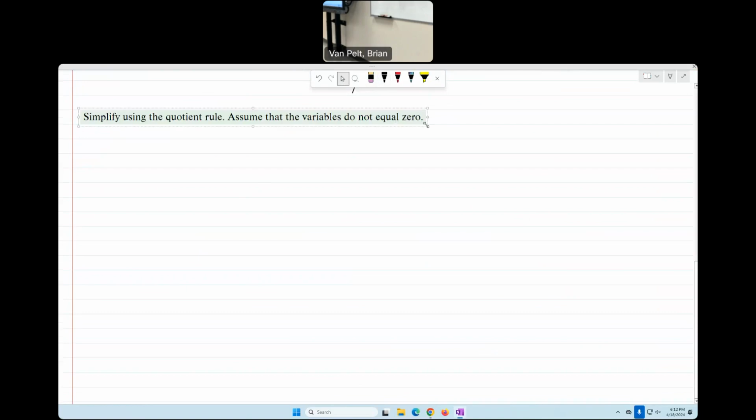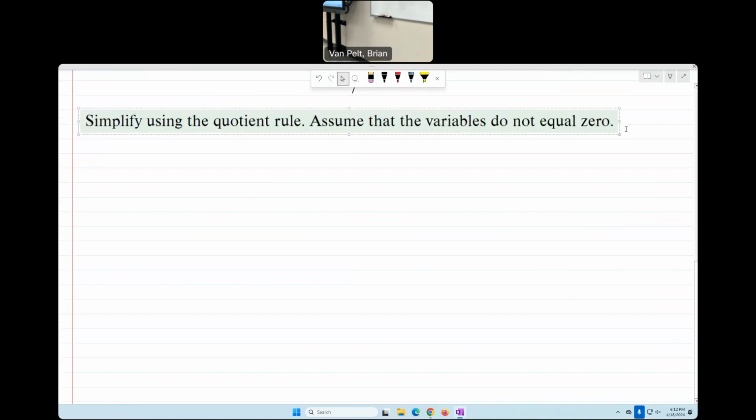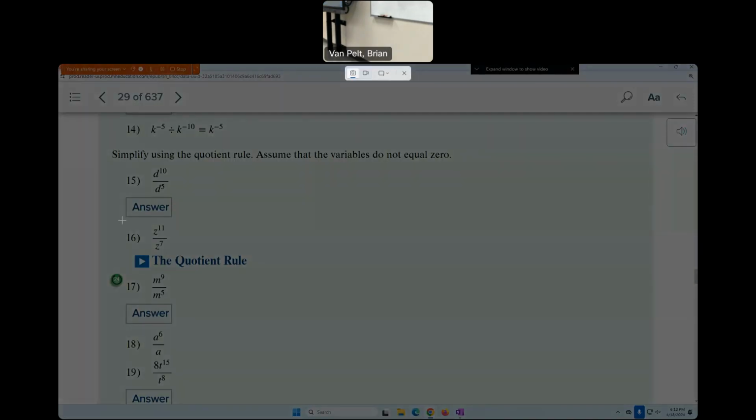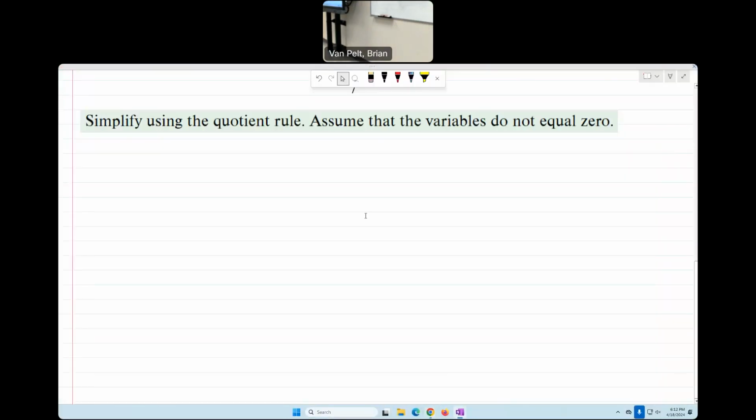So this will be pretty much the direction for all the problems we're going to do here. We'll go over the easy ones hopefully pretty quickly, and then we'll go into the serious ones. So take a second and see if you can get that.